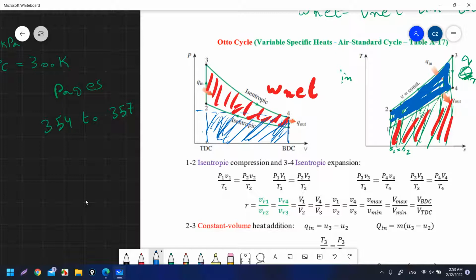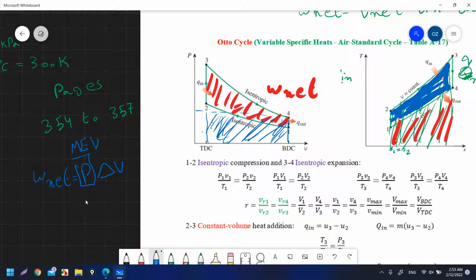So we can say that the W net in blue, this area, is equal to P delta V. We are looking for a pressure. This pressure is the mean effective pressure. Okay, so this one is the mean effective pressure.